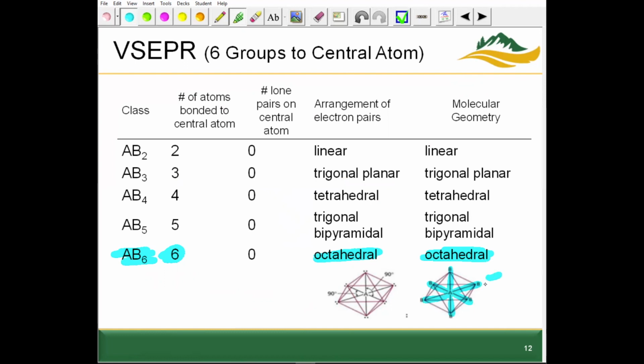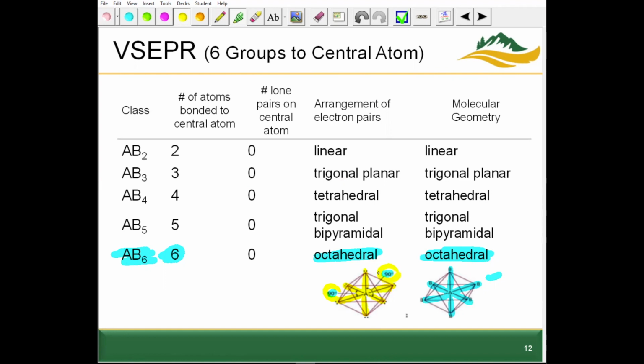With 6 groups around the central atom, the bonds here are all 90 degrees, separating all 6 of those atoms from the central atom. So we have 2 going up. Then in this plane, we have 1, 2, 3, 4. Those 4 in the plane are all separated by 90 degrees, then 1 going up, then 1 in the plane.